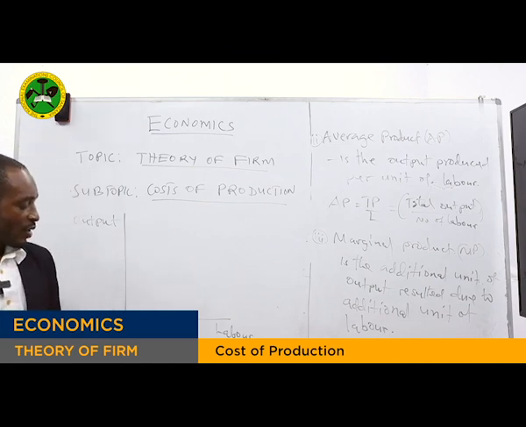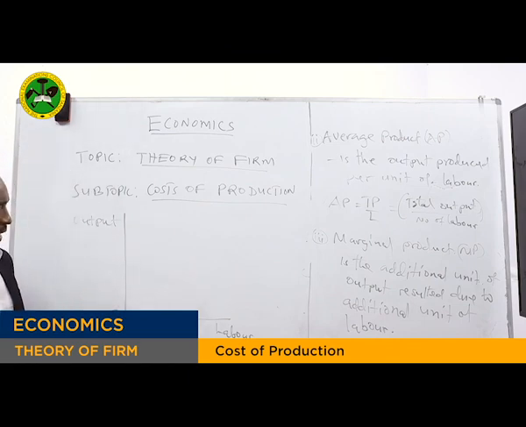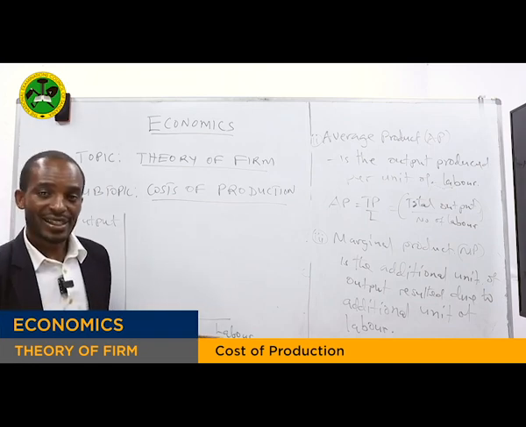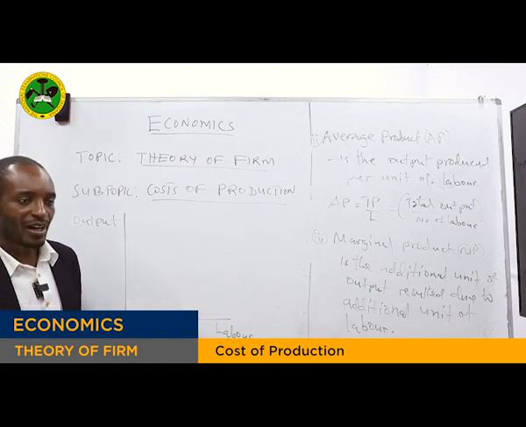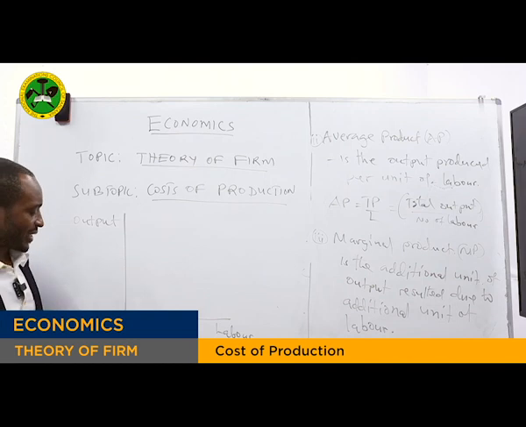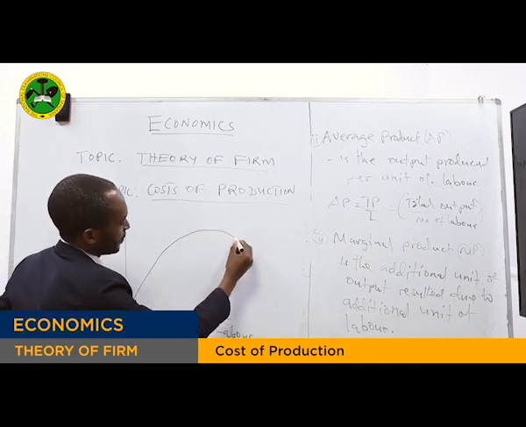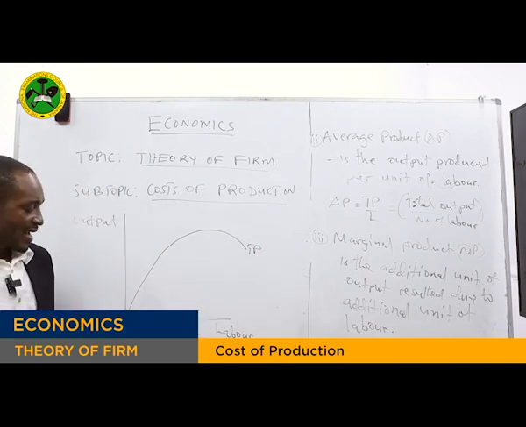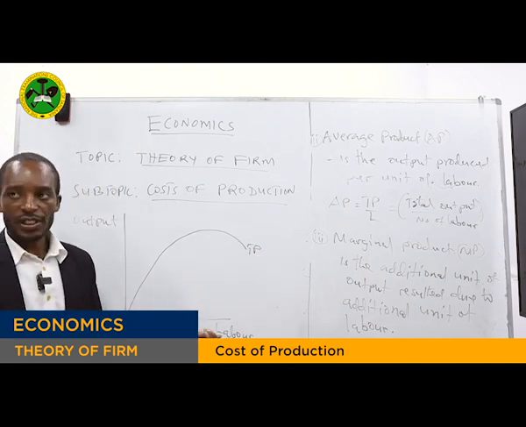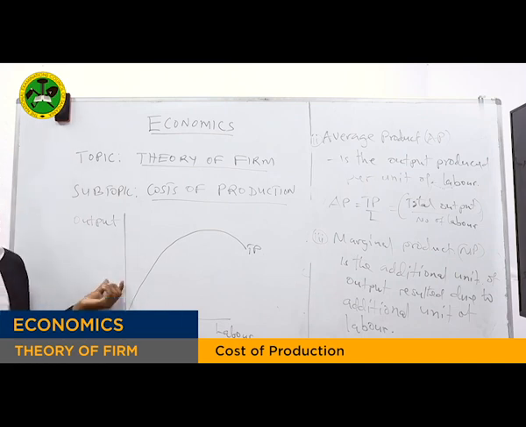If you want to produce output, you need to employ a certain number of labor. So as you employ more units of labor, the output produced will increase. The production curve will be like this one. So this one will be the total product. It means as I employ more units of inputs or labor, the total output will increase.